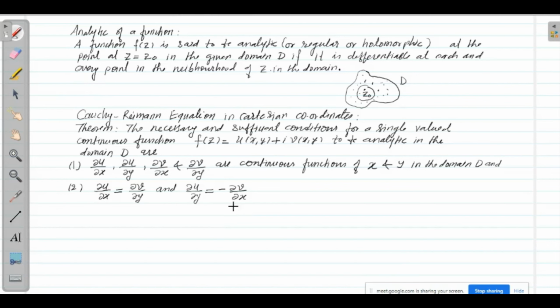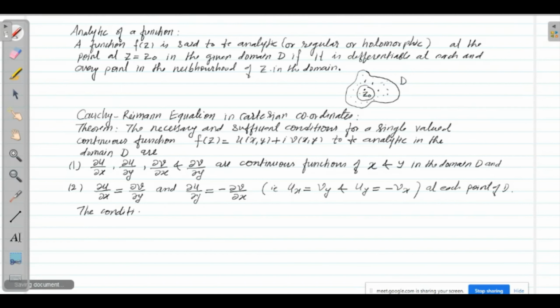You can also write it in another form, that is u x equal to v y and u y equal to minus v x, at each point of D. And condition 2 is known as the Cauchy-Riemann equation.